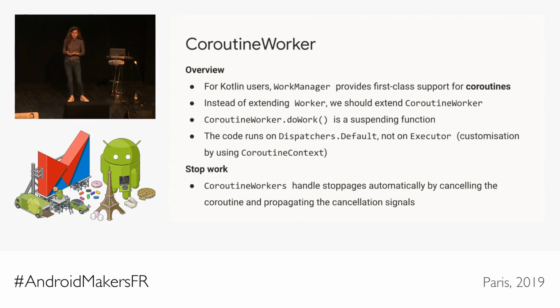If we use coroutines, and I know that all Android developers are right now big fans of coroutines, they offer the CoroutineWorker. So instead of extending Worker, we extend CoroutineWorker, and doWork will be a suspending function. If we want to cancel or stop the work, this will be done automatically.